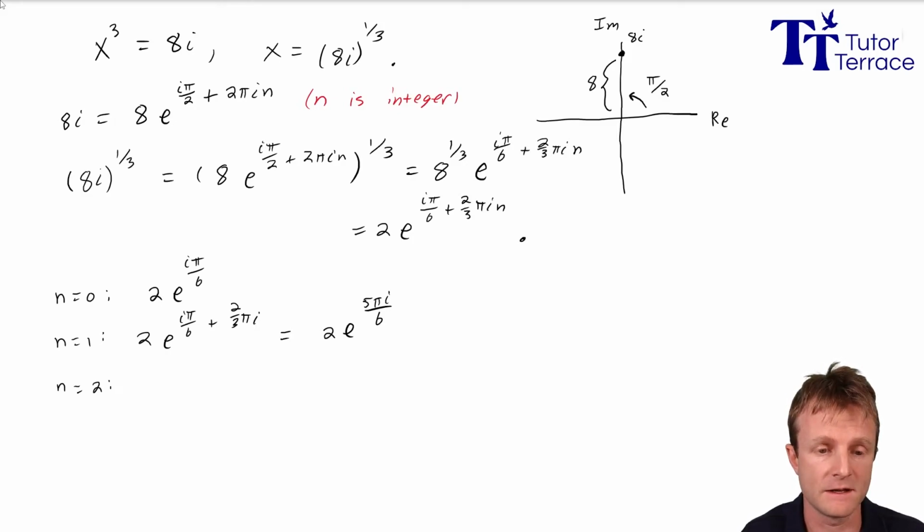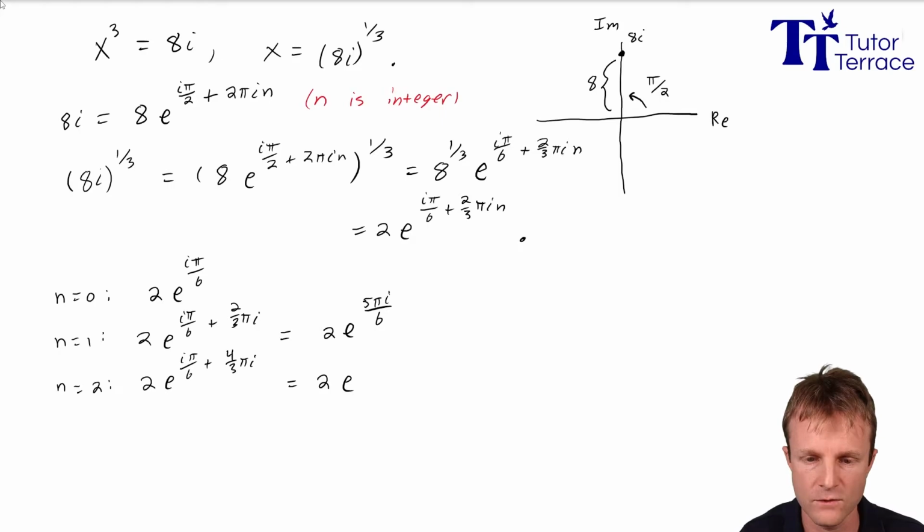And keep going. n equals 2 is 2e to the i (pi/6 plus 4/3 pi), which is going to be 8/6 plus 1/6 is 9/6, 2e to the 9 pi i/6.